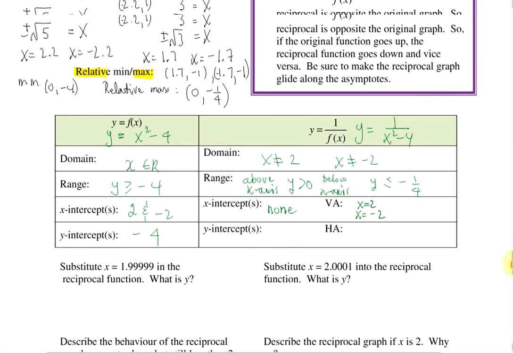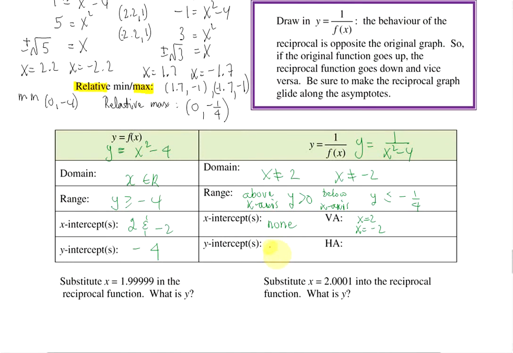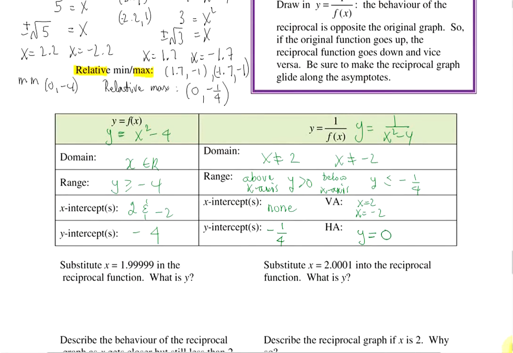Take a look at your y-intercept. It happens to be the relative maximum point of our reciprocal function, which is at (0, negative 1/4). So we have a y-intercept at negative 1 over 4, and note it's the reciprocal of our y-intercept for y equals x squared minus 4. All right, and we have a horizontal asymptote which is at y equals 0.